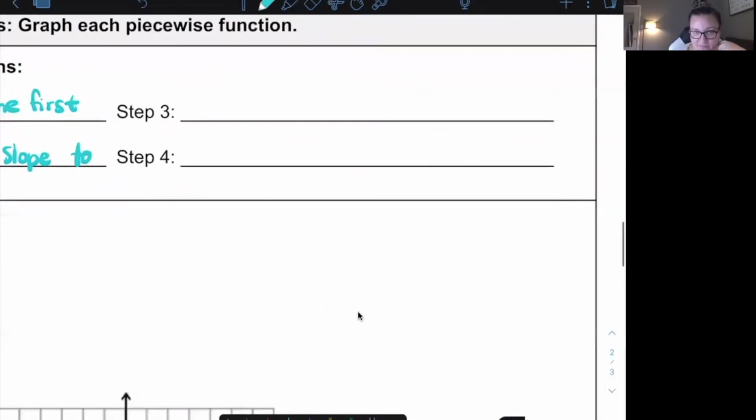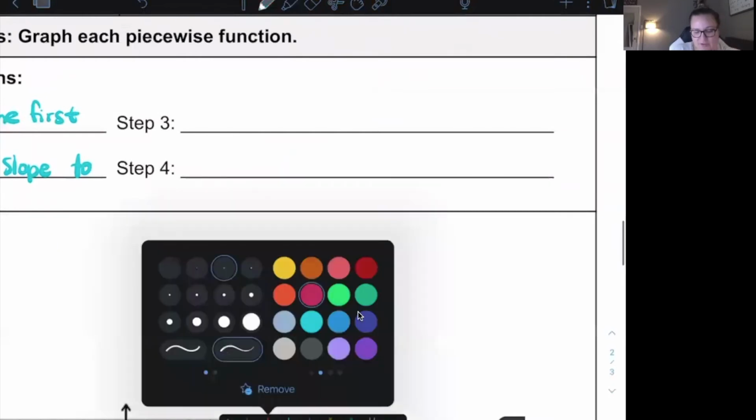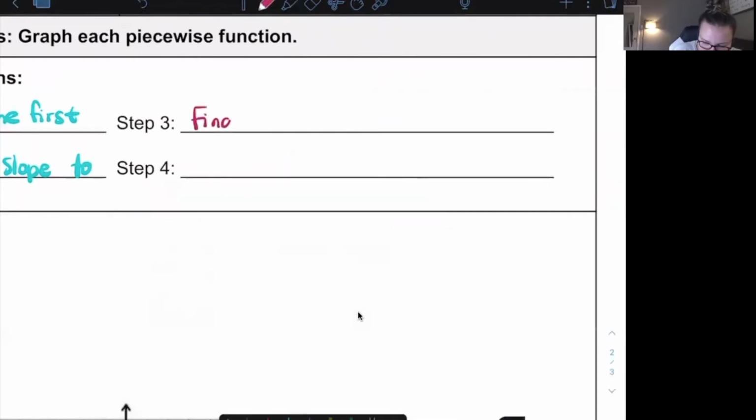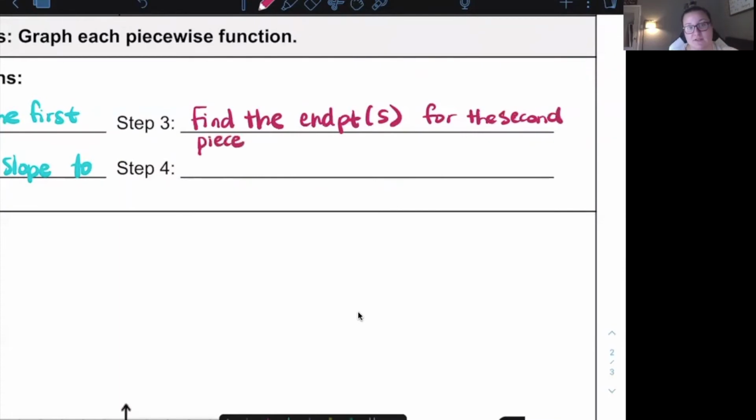So for step 3, we are going to find the endpoint, and I'm going to put S in parentheses because sometimes it'll be more than one, for the second piece. And then we are going to use that endpoint that we found in step 3 and the slope of the equation in order to graph it. So use the endpoint and the slope to graph the second piece.